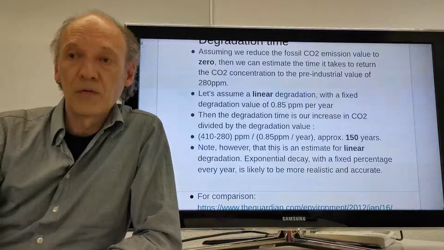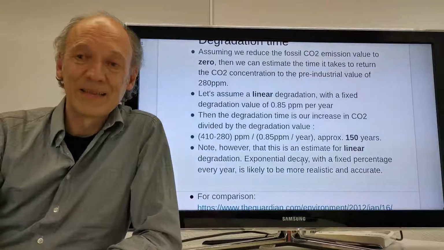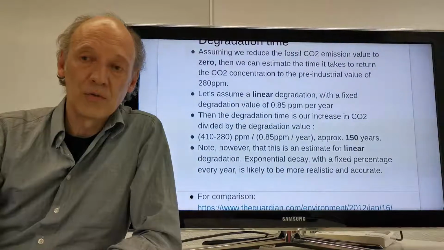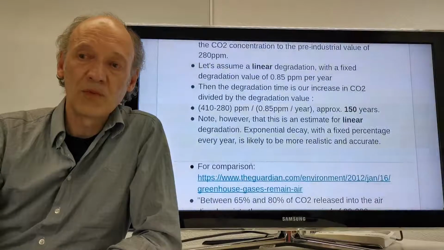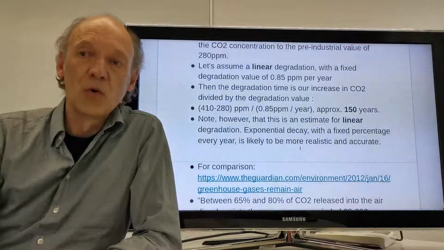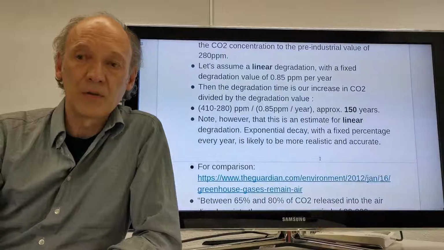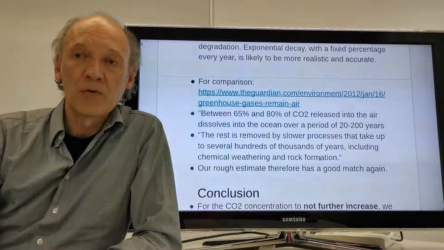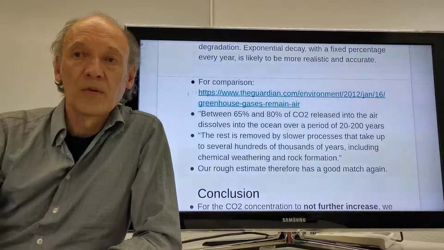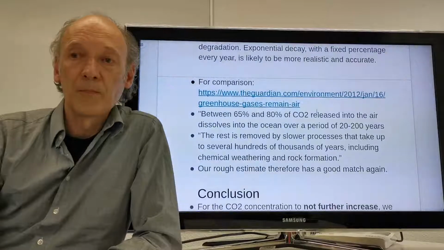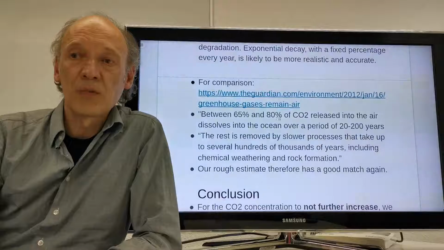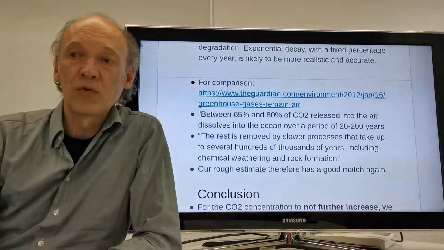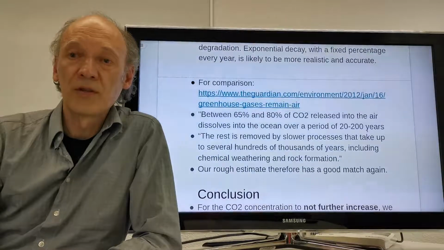But this assumes that we have this linear degradation, but usually an exponential decay with a fixed percentage every year is more likely to be realistic and accurate. So again, for comparison, I found this link here, which says between 65% and 80% of CO2 released into the air dissolves into the ocean over a period of 20 to 200 years.